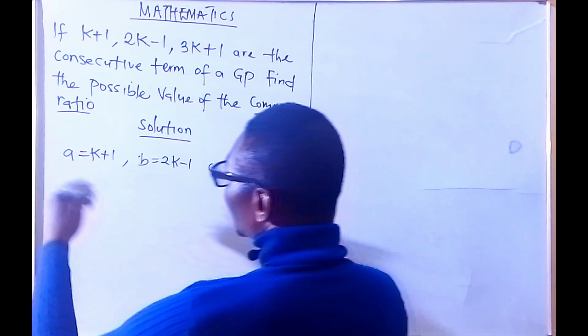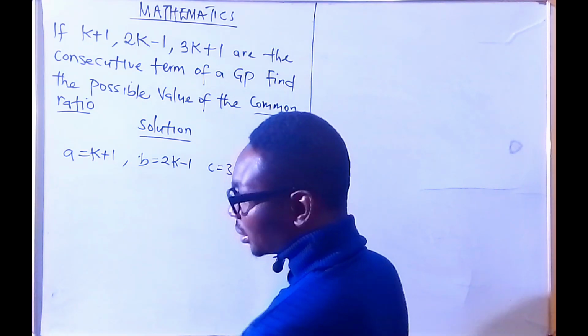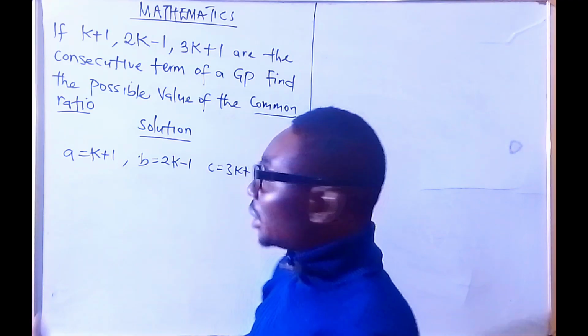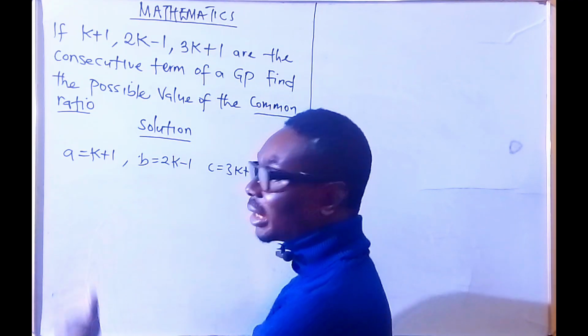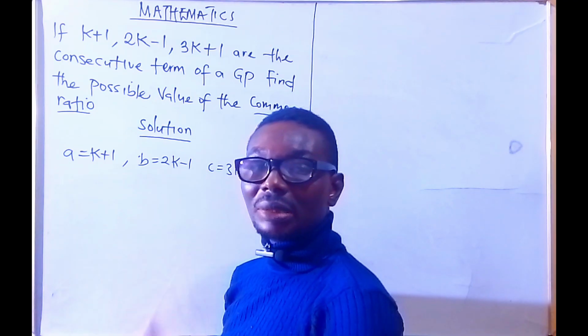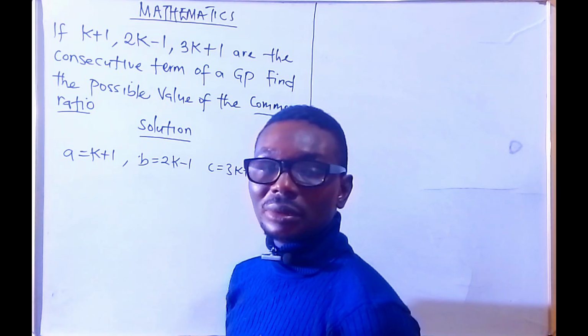Now, in finding the common ratio in a geometric progression, it is always the second term divided by the first term, or the third term divided by the second term, and so on.